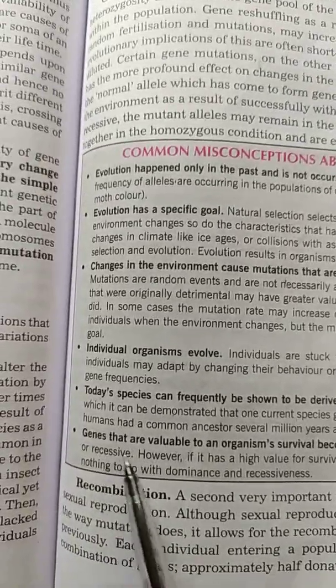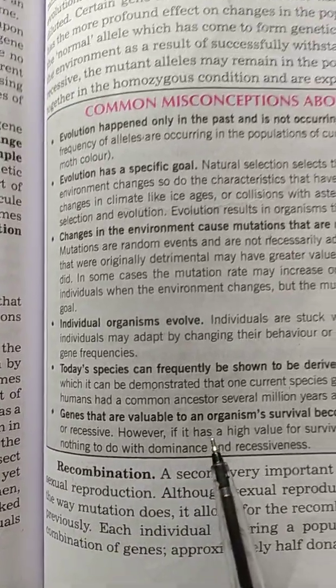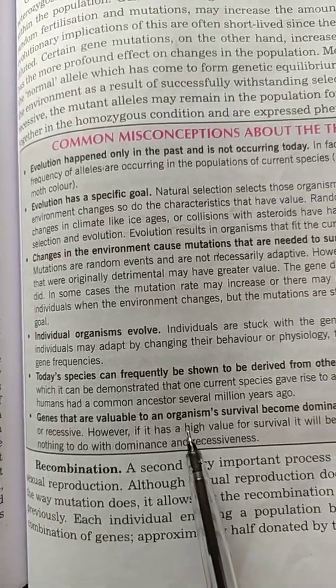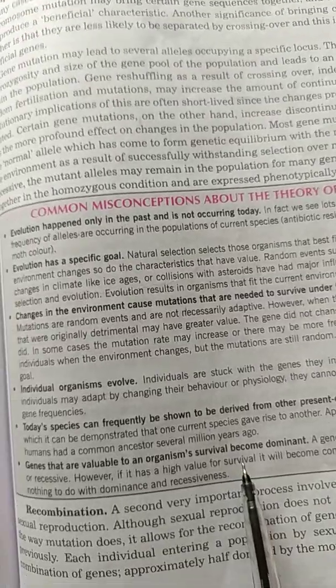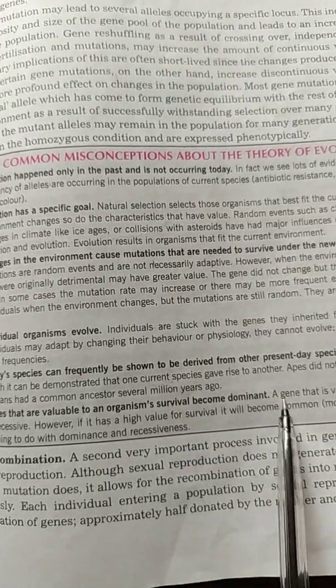The sixth and last one says that genes valuable to an organism's survival become dominant.